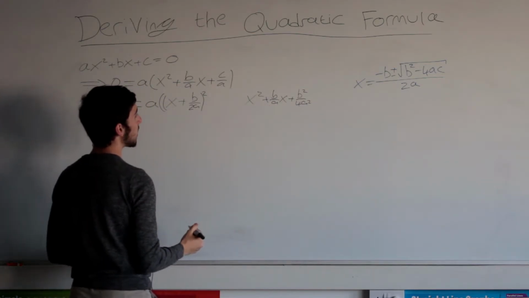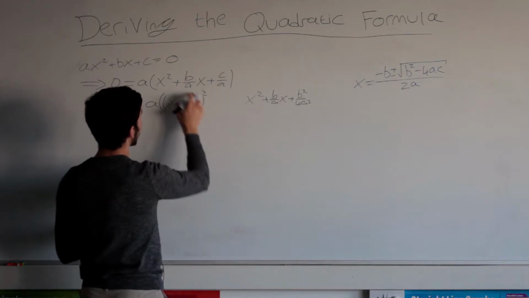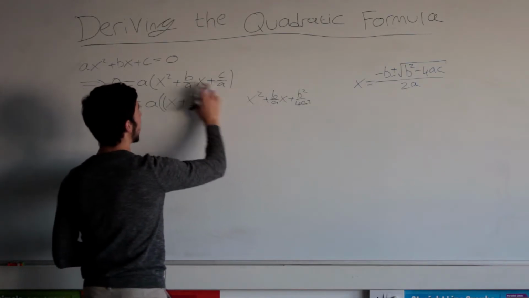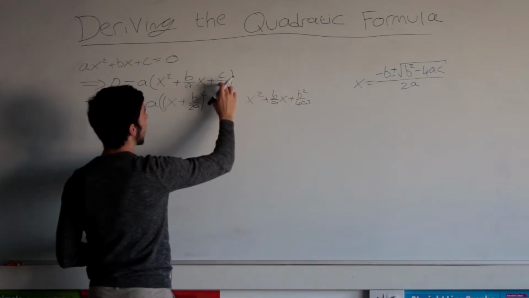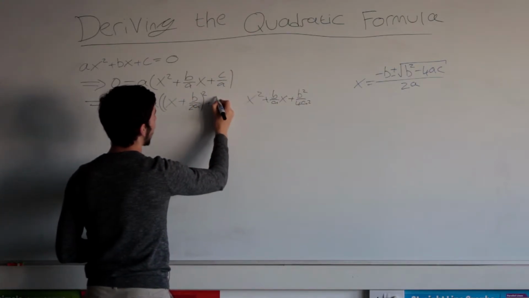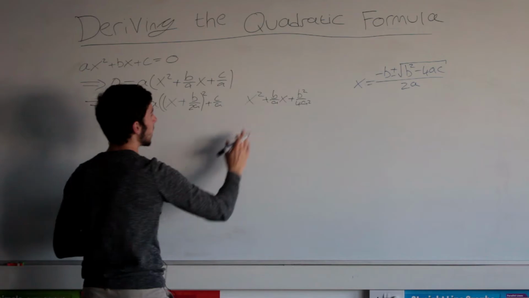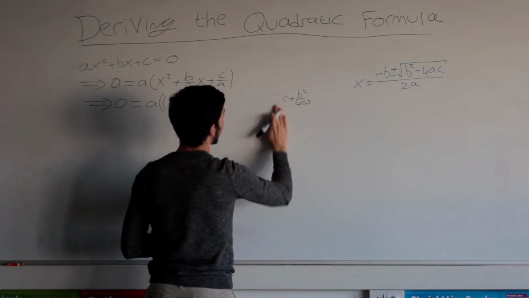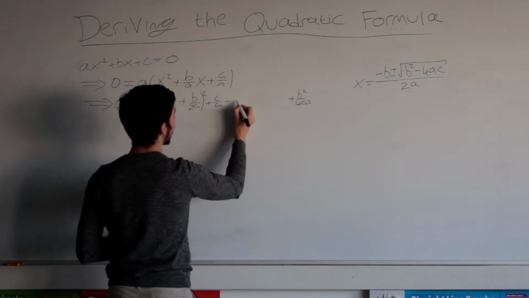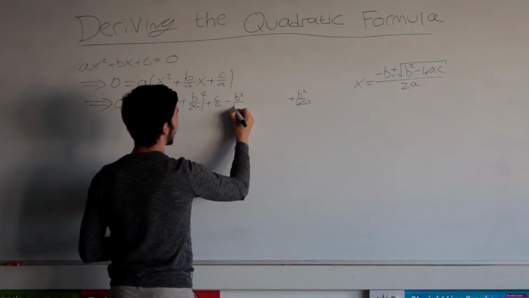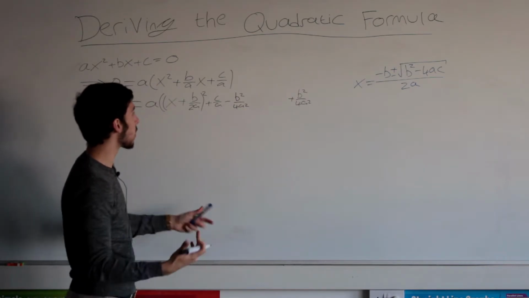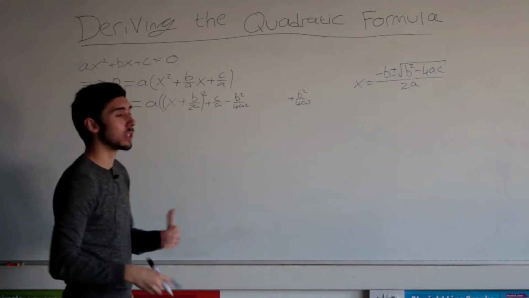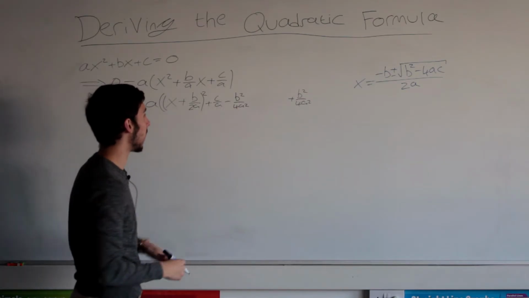That means, because we want the x squared and the b over a, we don't want b squared over 4a squared, we want c over a. So we're going to add our c over a, because that was there already, but we're going to take away b squared over 4a squared because this generates another b squared over 4a squared. We don't want it, so we're going to have to take it away again.